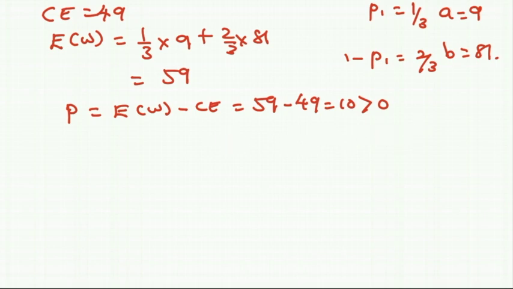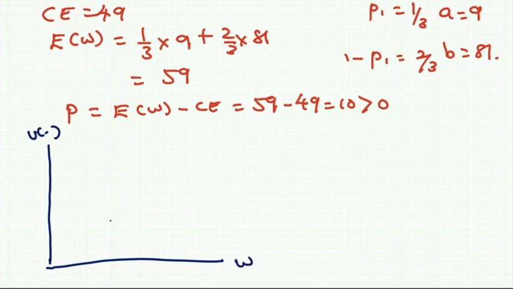Because we know that this person is a risk-averse person, the way we draw the graph will look like this. So here we have W, and then we have U here. Okay, so for the risk-averse person, the graph is concave, like this, yeah?